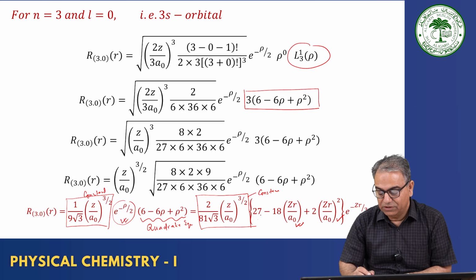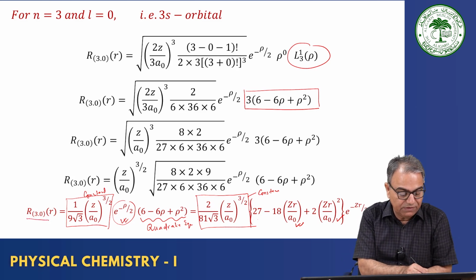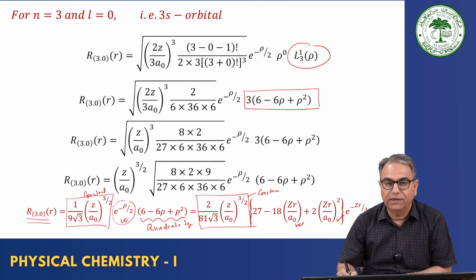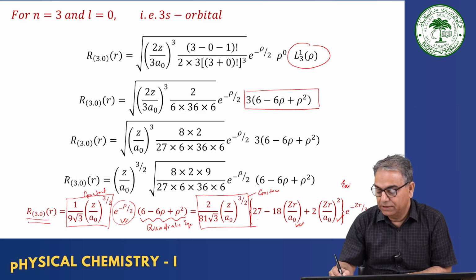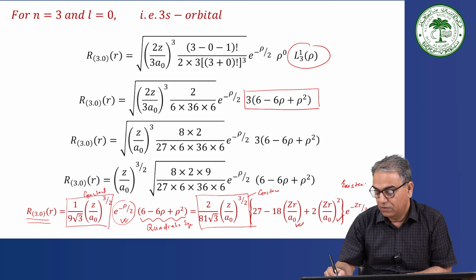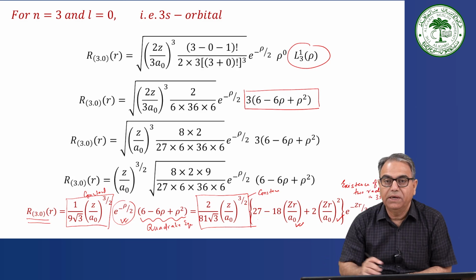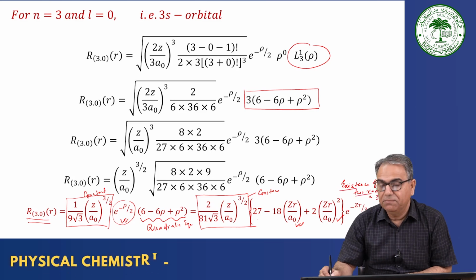So the function R30 will be 0 for two different values of r, and it tells you the existence of two radial nodes in 3s orbitals. Okay. So this is very important.